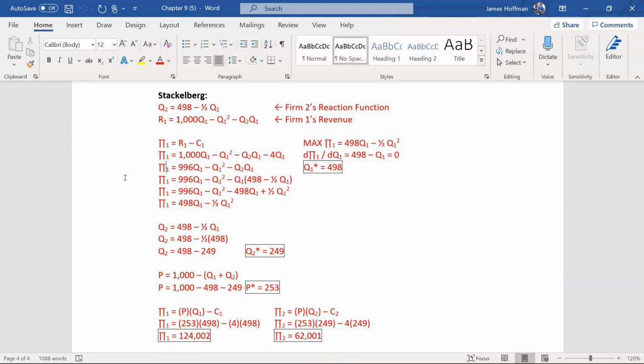Okay, so we get 996 Q1 minus Q1 squared minus Q2 Q1. And then the next step is to plug in firm 2's reaction function for this Q2. So that goes here.